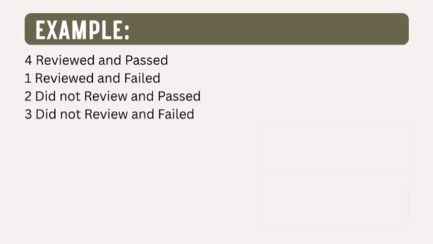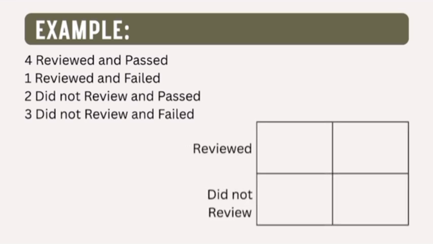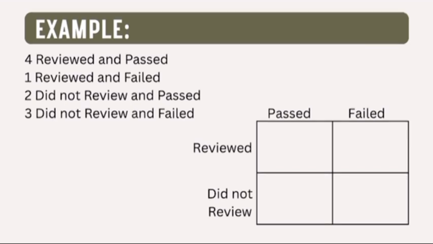On the side, we place the action, reviewed and did not review. On the top, we place the result, passed and failed. Now, let's fill in the table. 4 students reviewed and passed, so we place 4 where reviewed and passed meet. Next, 1 student reviewed and failed, so we place 1 where reviewed and failed meet.